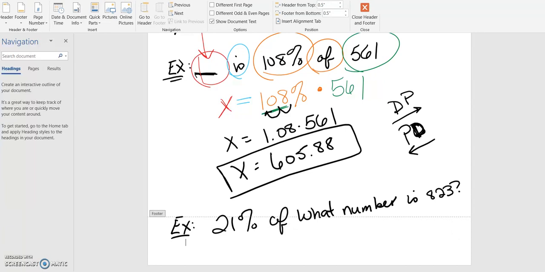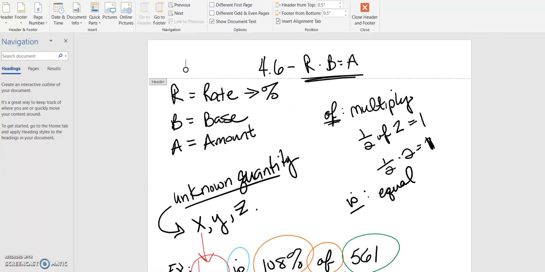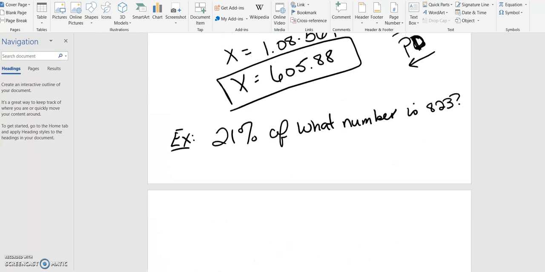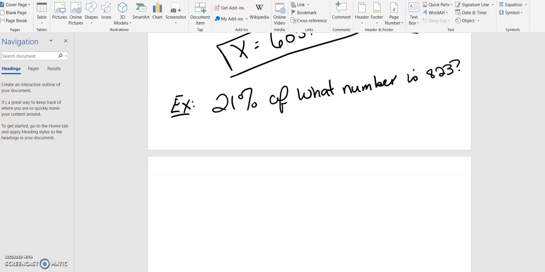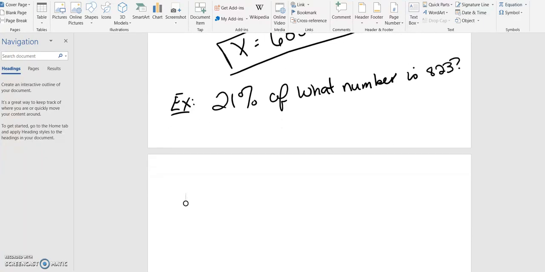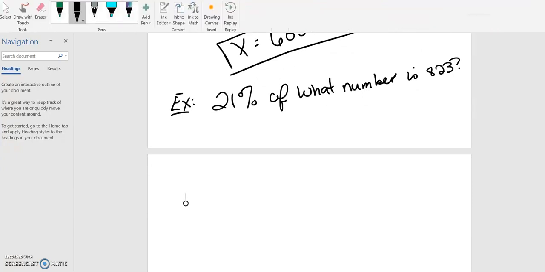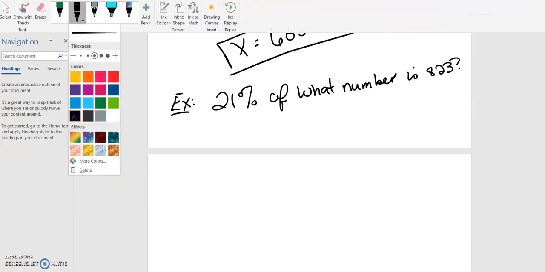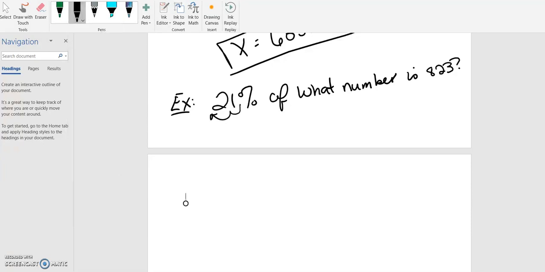So let's get a new page here. Okay, so now that I've got a new page, 21% of what number is 823? Let's convert this to an equation. 21%, let's go ahead and make that a decimal. Remember, converting a percent to a decimal, I need to move the decimal place 2 places over.